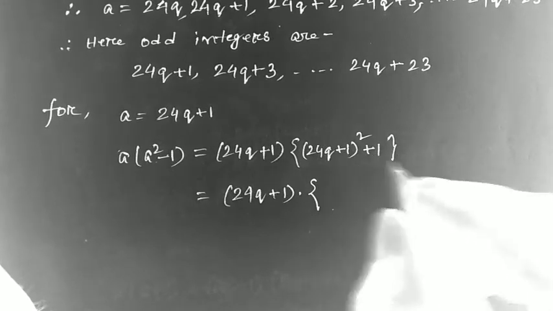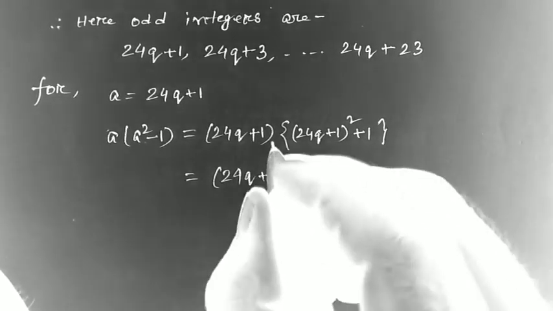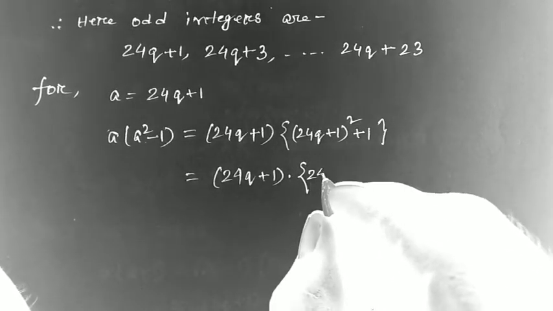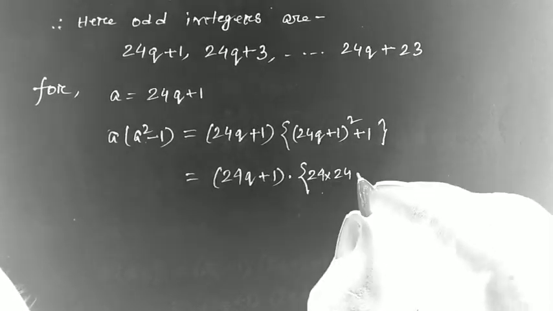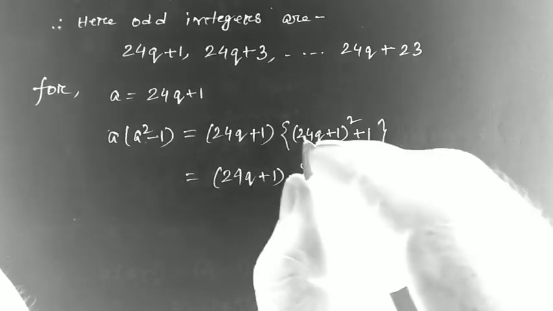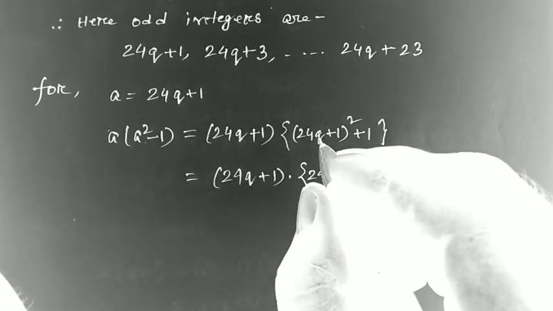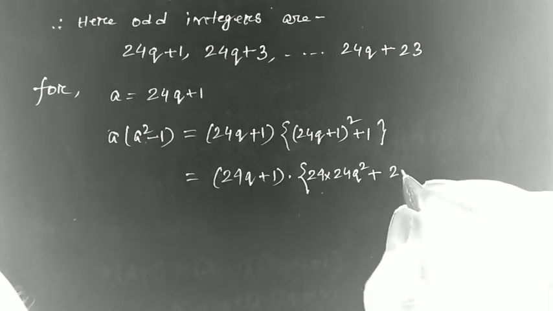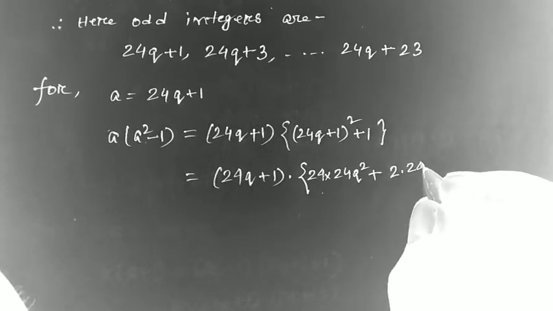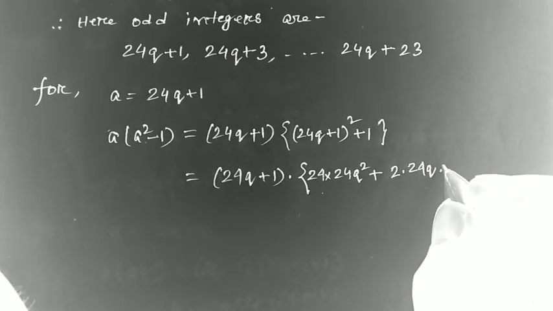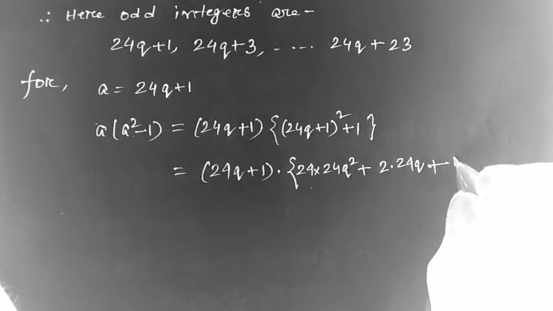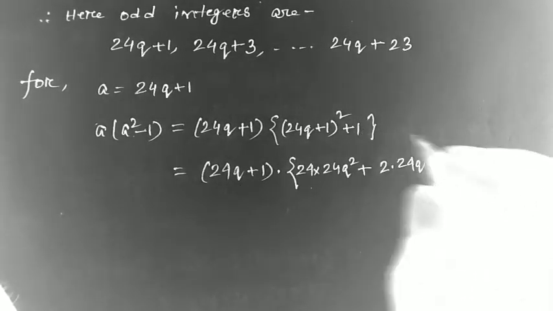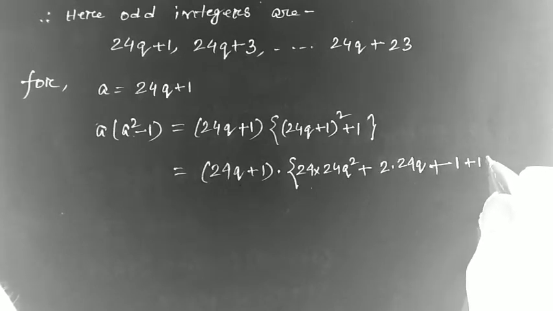Here if we expand it, 24q square means 24 into 24 and q square, and twice ab means 2 into 24q into 1, then 1 square, 1.